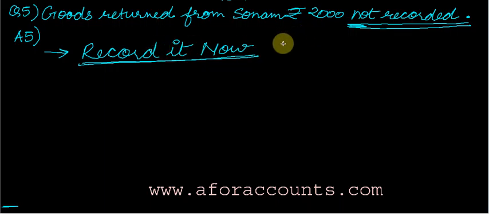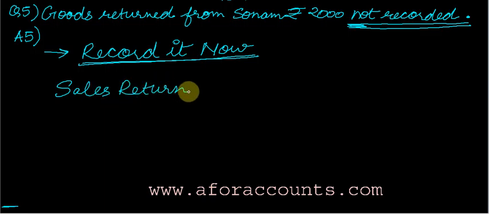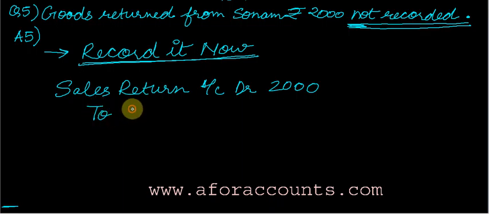When sales have a credit balance, we all know that sales return has a debit balance. So sales return account debit 2000 to Sonam.